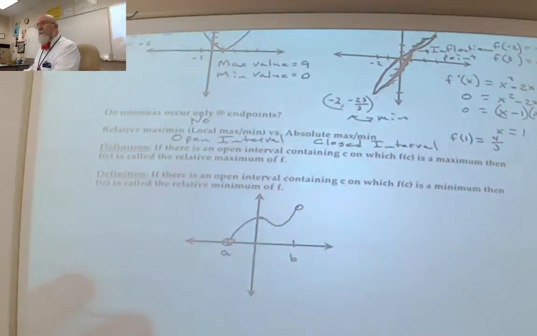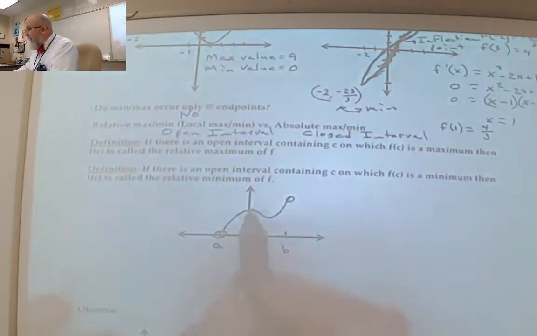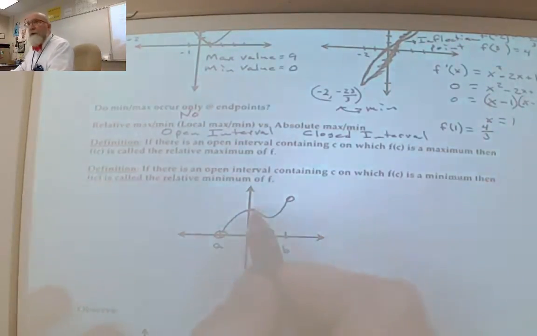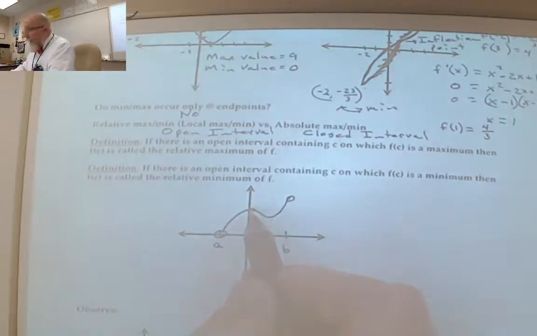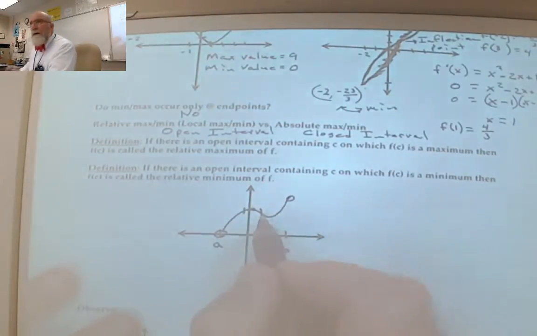Open interval. Would you agree? Two turning around points in that open interval. This is not the maximum of that interval, is it? Okay, would you agree with that? However, within a small neighborhood, it's the maximum.